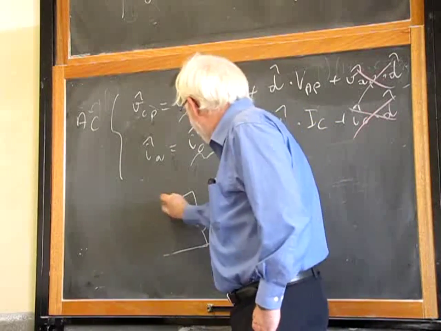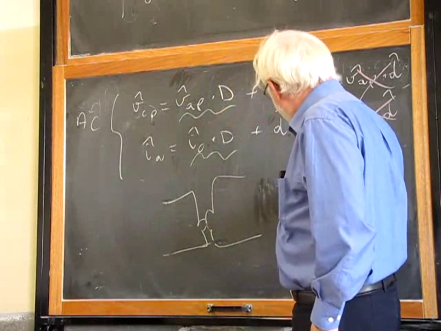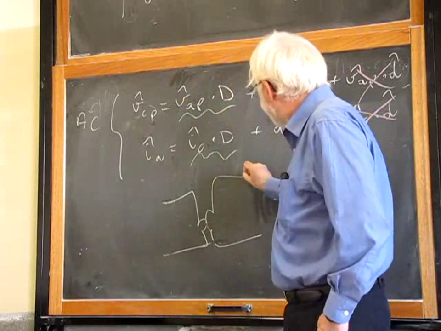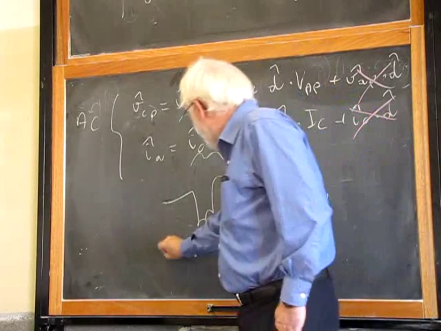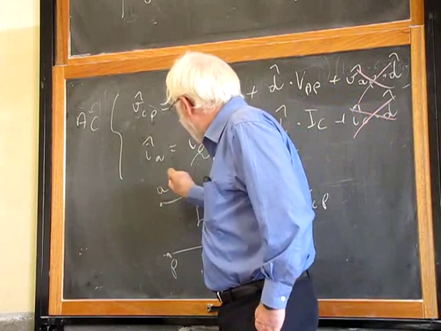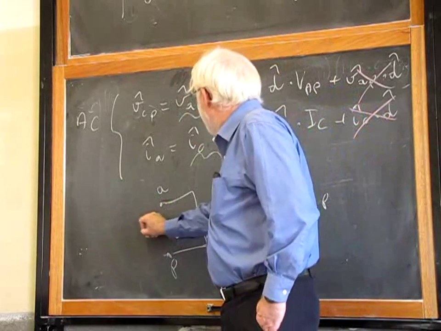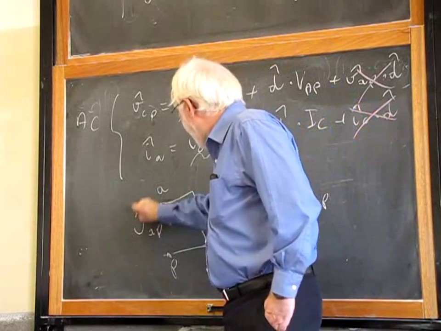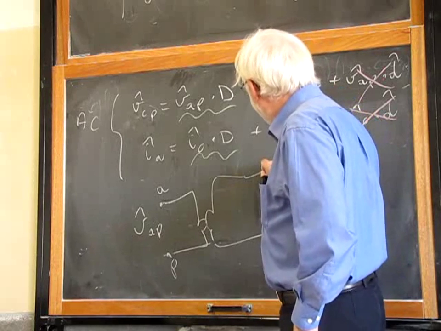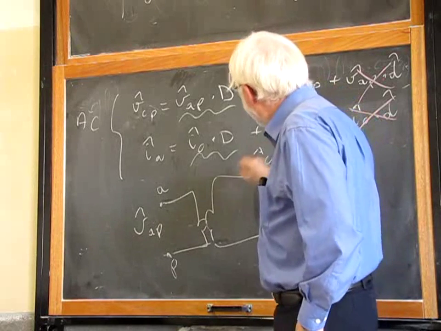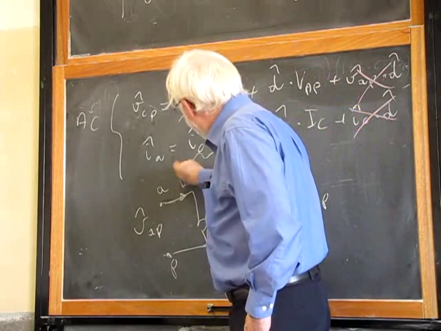Here we have VCP hat, C, this is P, this is P, this is A, and we have here VAP hat, and then we have here IC hat, and we have here IA hat.